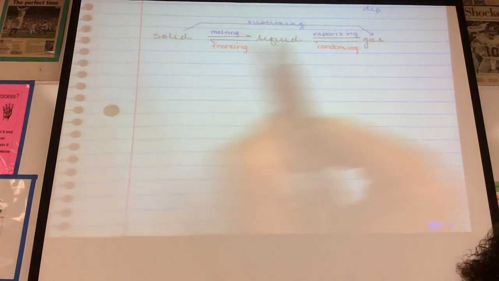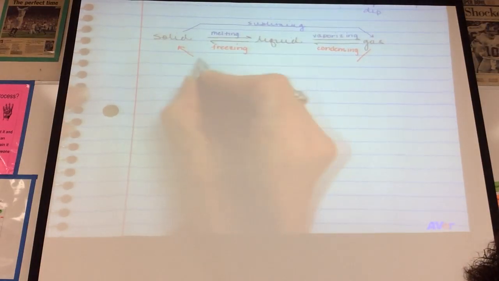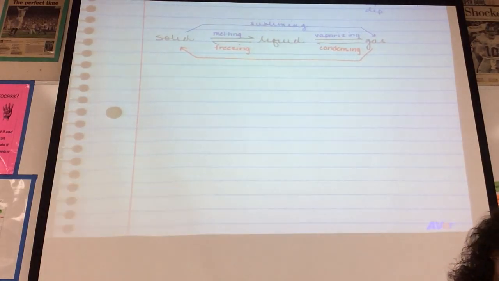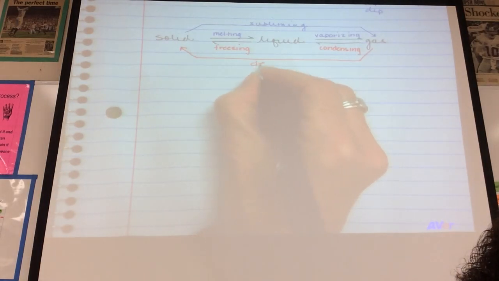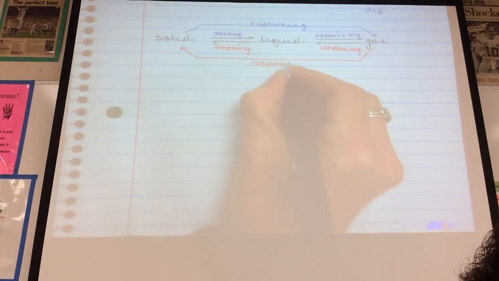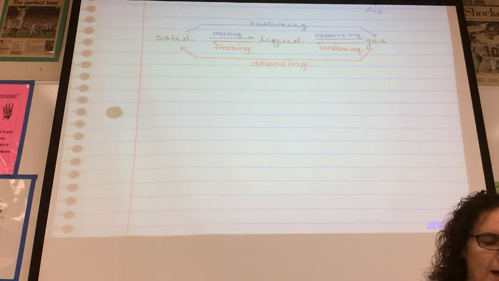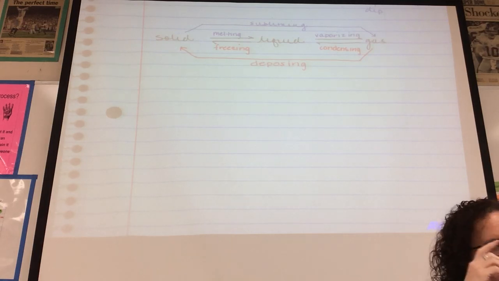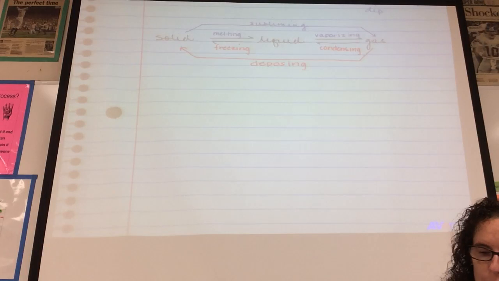And if you go from gas to solid, that would be deposition or deposing, and this is your snowflake generation right there. Iodine sublimes, we'll take a look at that, or like the plug-in air fresheners, you have a solid that then gives off that gaseous scent.